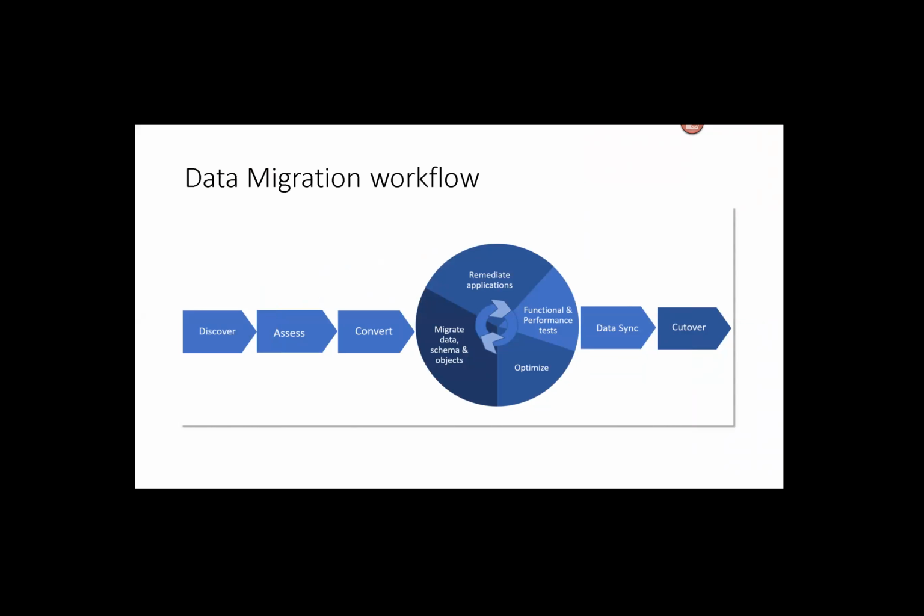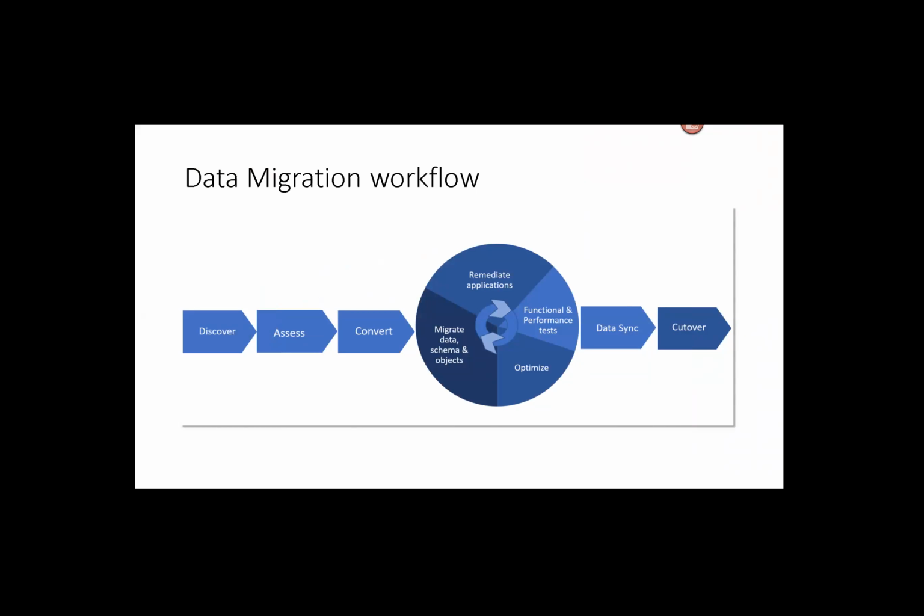And once you identify the gaps, the next step is to start converting those components, so that you can make the source compatible to the target. If there is something which is not compatible with Azure SQL DB or managed instance, how can you convert it?